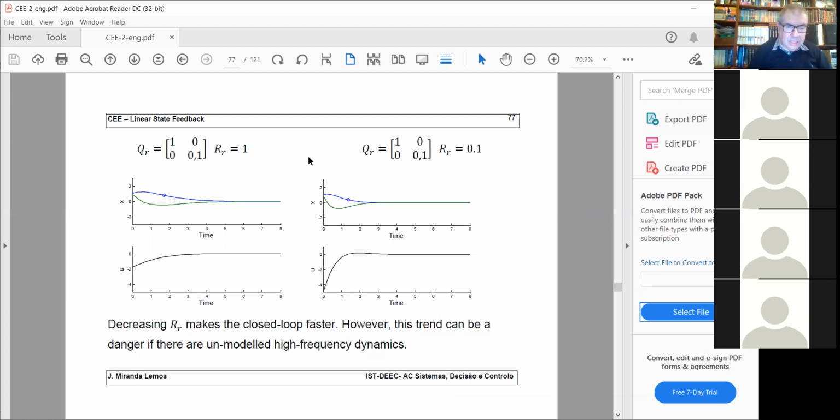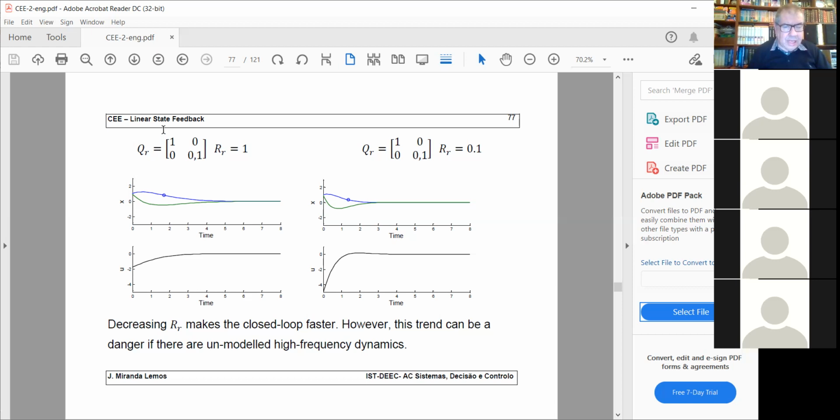Okay, so this LQR method of design is a systematic way of designing the feedback controller gains. You can compute the closed loop poles by just computing the determinant of sI minus BK. And how can we design the Q and the R matrices?